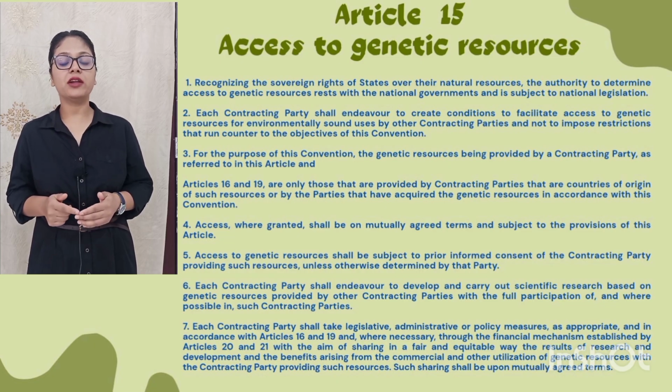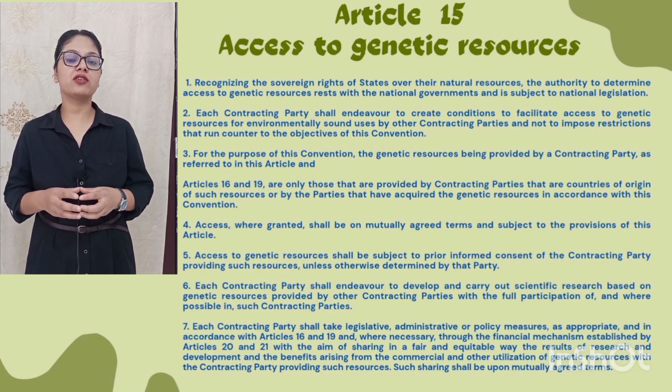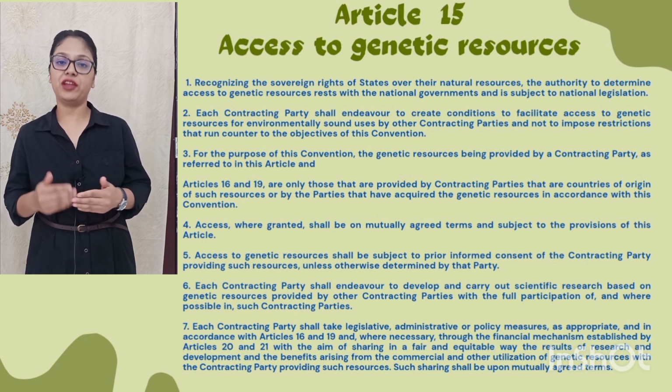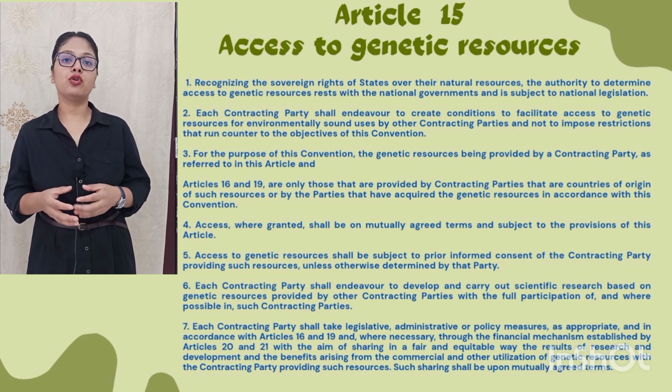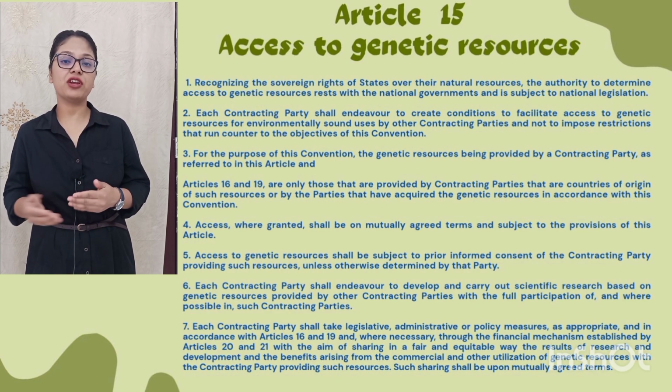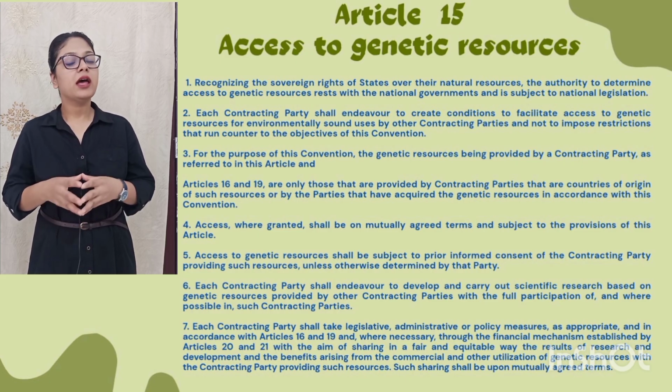But it is important that the condition of granting access to genetic resources must be priorly framed. Secondly, the permission to the access to genetic resources must be based on mutually agreed terms and conditions.